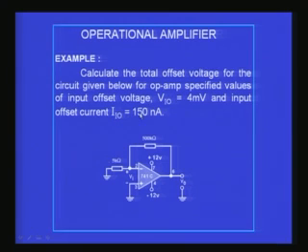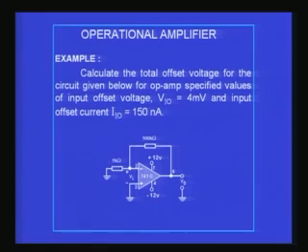If somebody asks, then you are in a position to immediately calculate the total offset voltage, because you know how to get the output offset voltage from VIO. You also know how to calculate the output offset voltage using IIO, the input offset current. Here the feedback resistor is 500 kilo ohm and R1 is 5 kilo ohm, that is what you should remember.